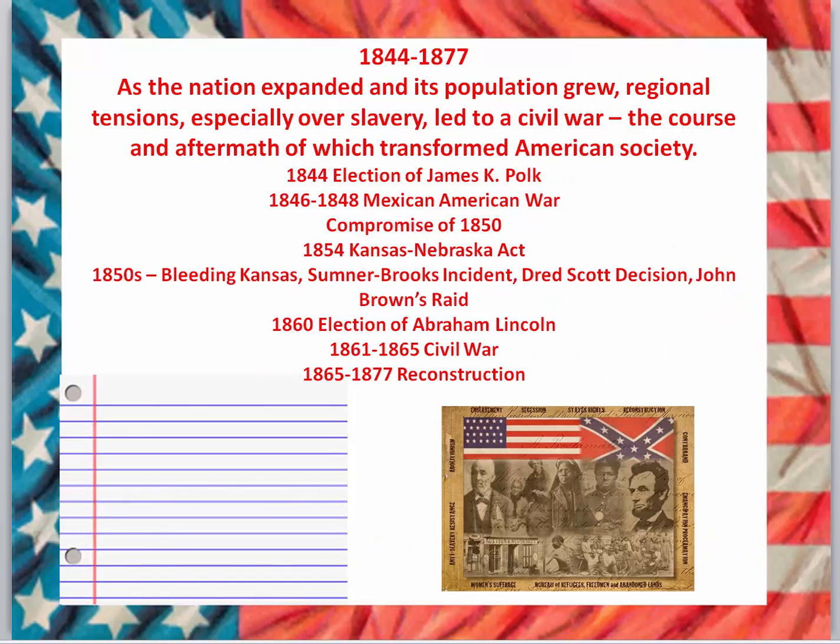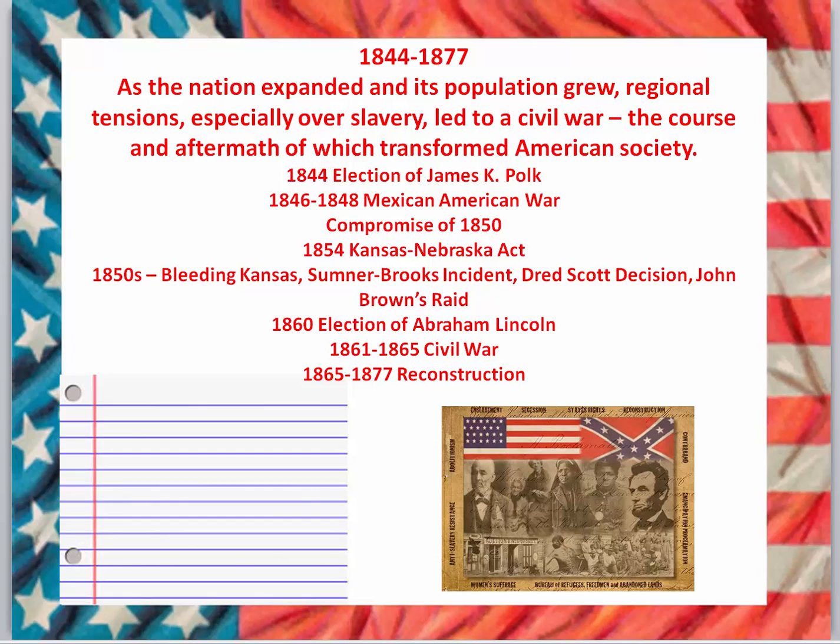All right. Now we go to 1844 to 1877. What is this overview? As the nation expanded and its population grew, regional tensions, especially over slavery, led to a civil war, the course and aftermath of which transformed American society.